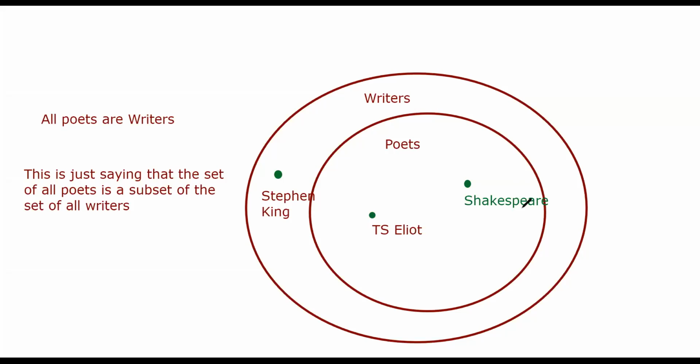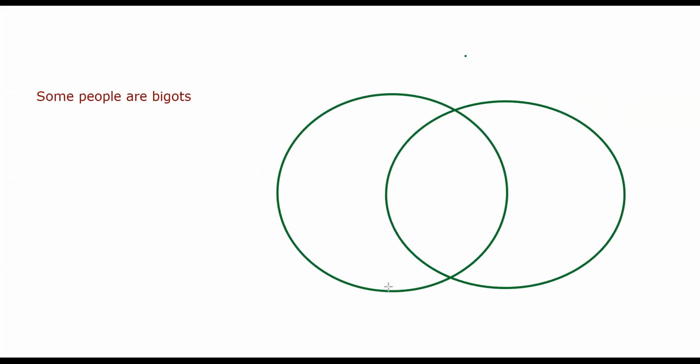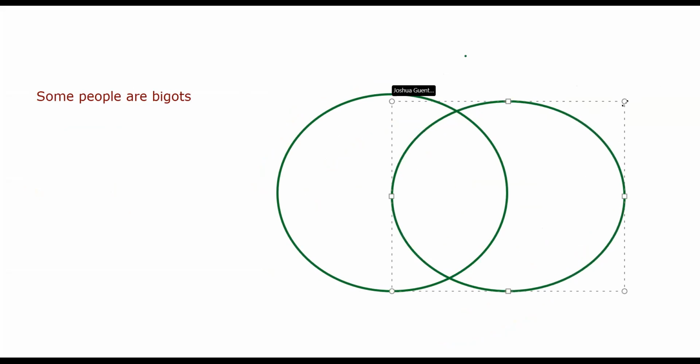The word all makes us think of a subset. But the statement some people are bigots, which is not a good thing to be at all, makes me think of a more traditional Venn diagram.